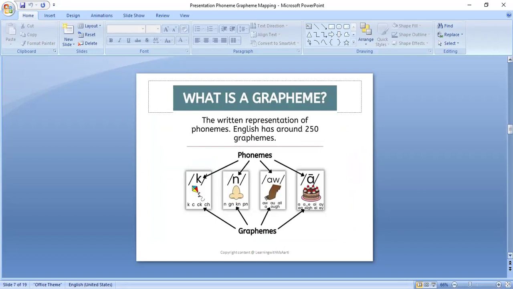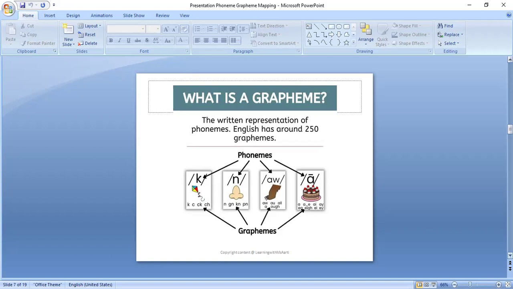English has around 250 graphemes. A grapheme is nothing but the written representation. Say for example, kite. So many graphemes. For nose, we can also use KN, because it is used as in 'know', right?